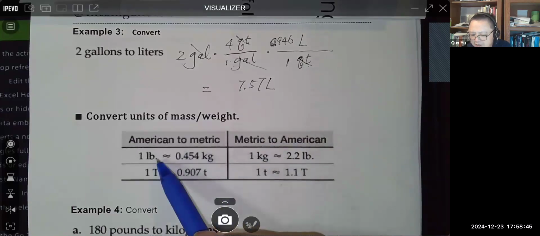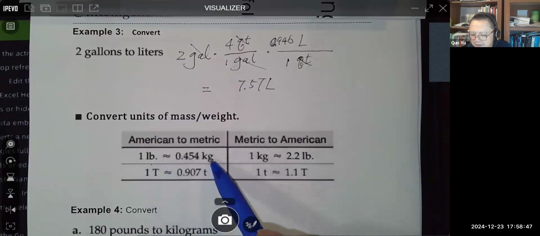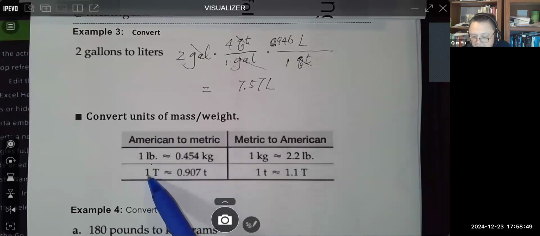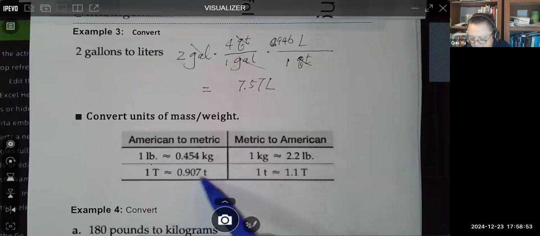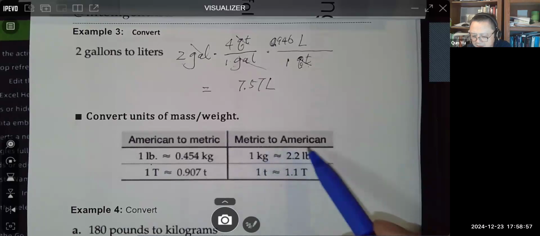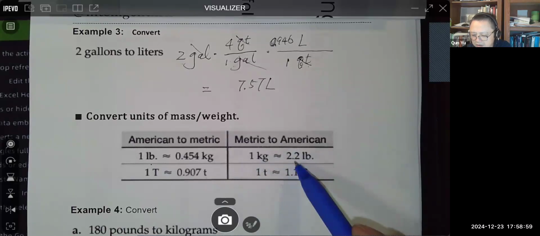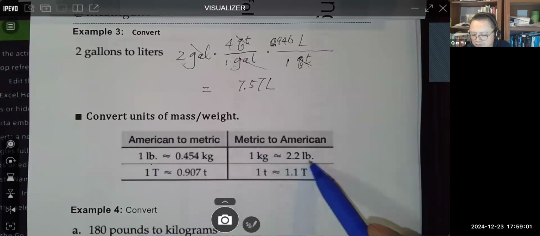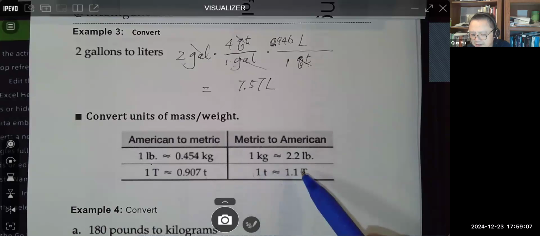Say this is the relation between pound and kilogram, between American ton and metric ton. See, they're not exactly the same. For metric, 1 kilogram will be equal to 2.2 pounds. Say one metric ton is a little bit more than 1 American ton.